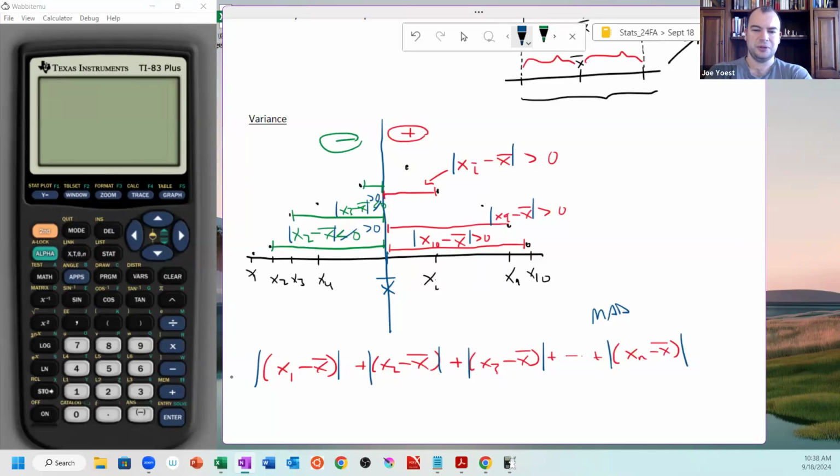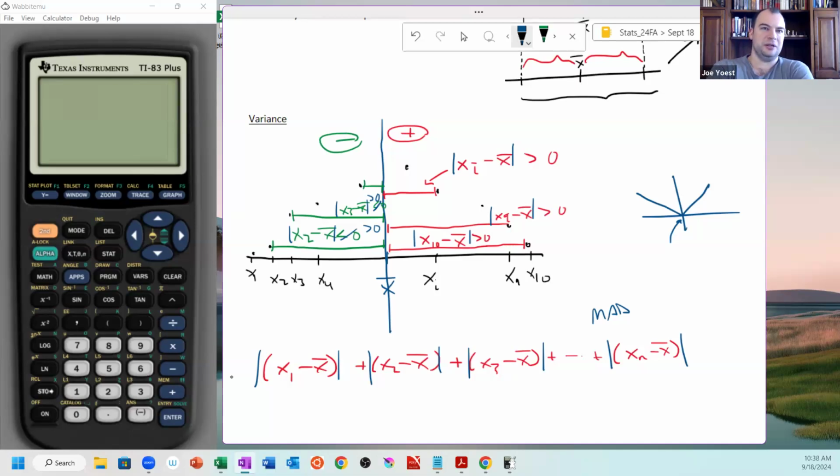But there are two things that make me cautious about going this route. The first is, and this is a bit of a minor consideration, that absolute value is kind of an annoying function to deal with. It has this corner, and it turns out that a function having a corner in it causes some problems here and there occasionally.